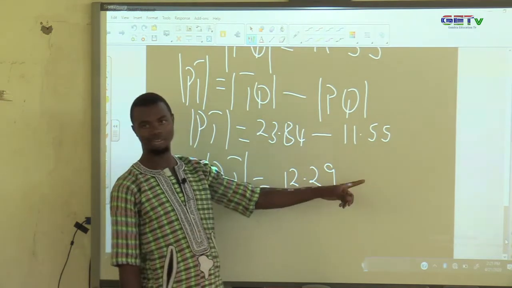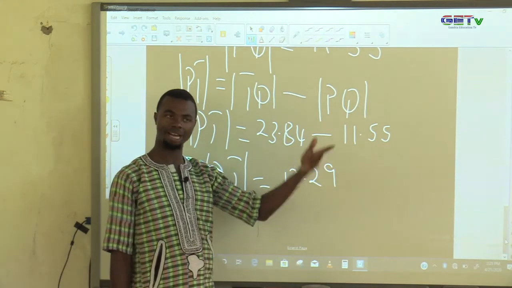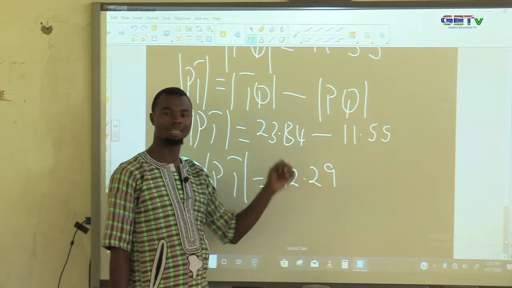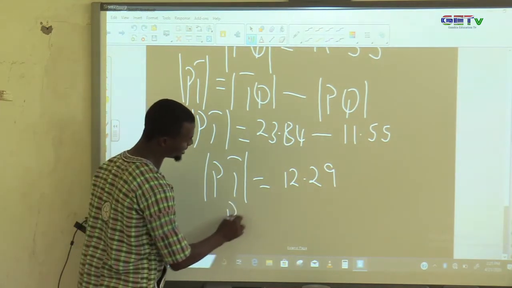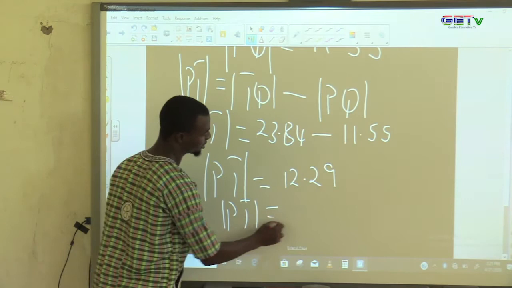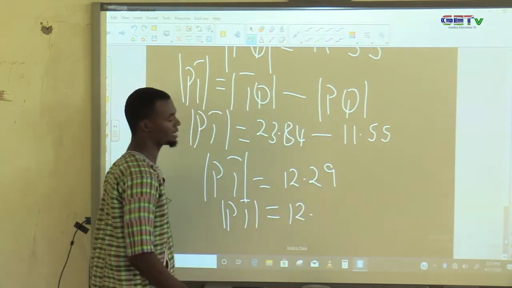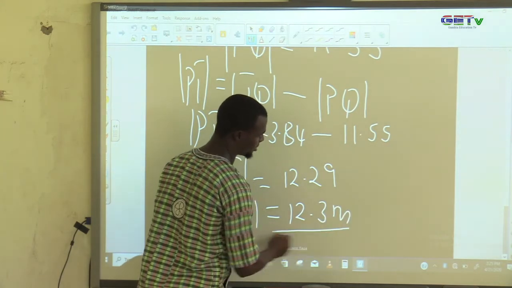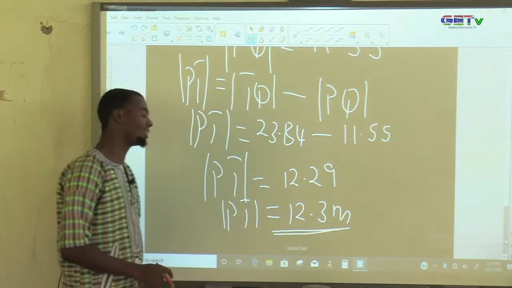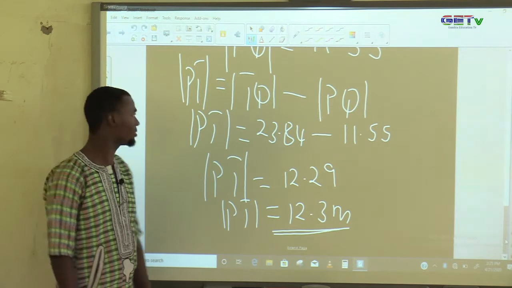So we look at the digit after it. If it is 5 and above, we add 1. Less than 5, we leave it as it is. So to 3SF, PT will be 12.3 meters.